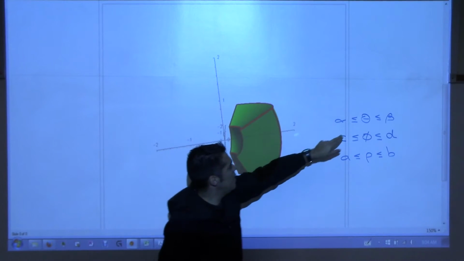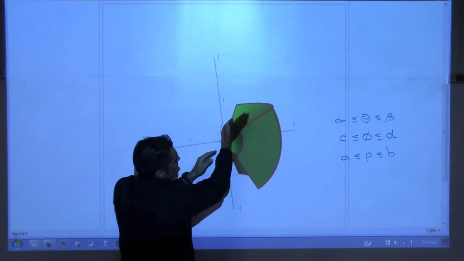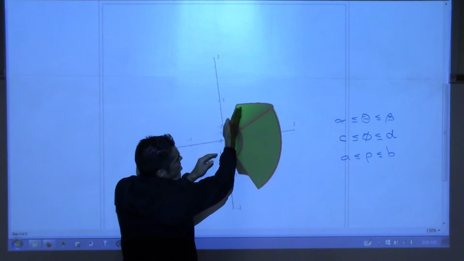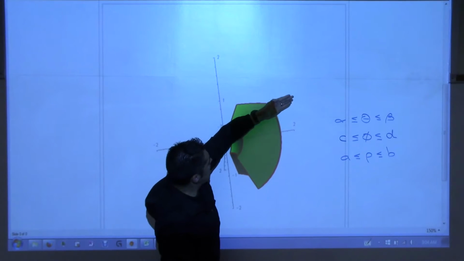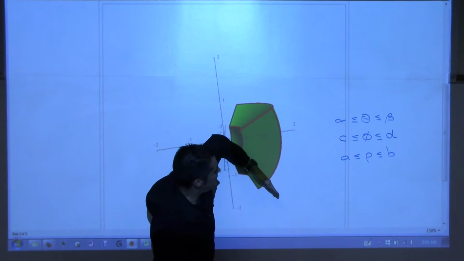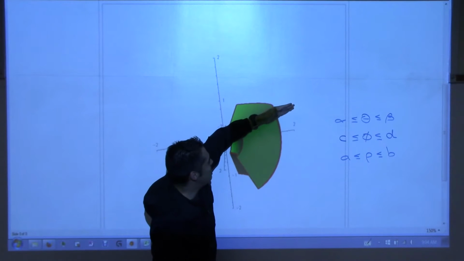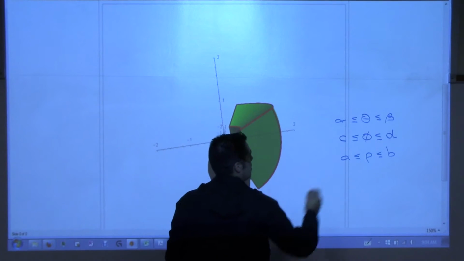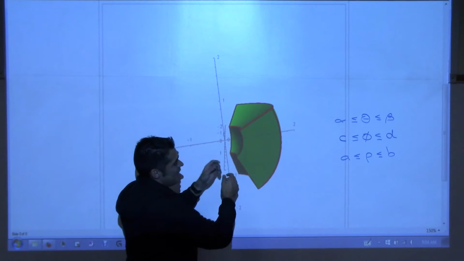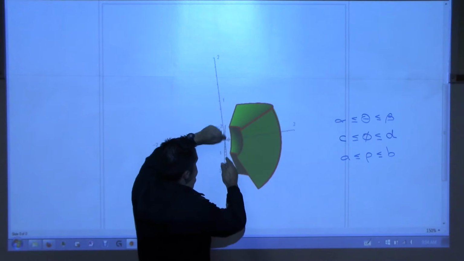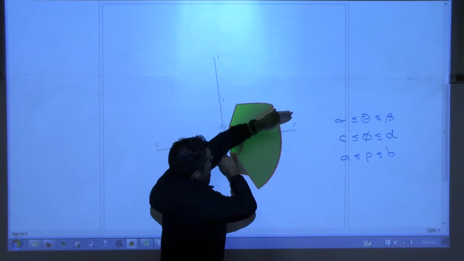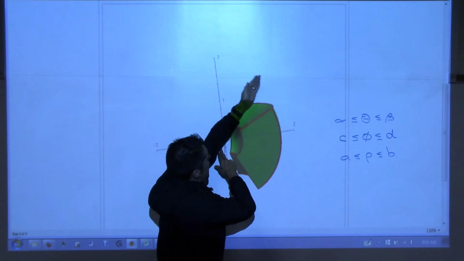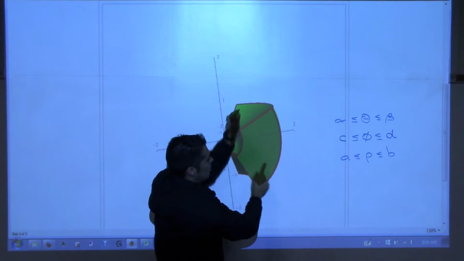If I restrict my theta between alpha and beta, then you can see this would be alpha, and then swinging through here would be to beta. So I'm allowed to get phi between C and D, and then theta is between alpha and beta. And then I let my rho be between A and B. So rho is how far out I walk. So if I'm here, I can swing down, I can swing anywhere in here, and I can walk out only between A and B.